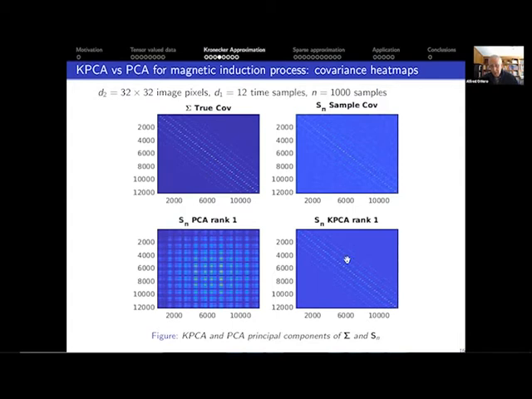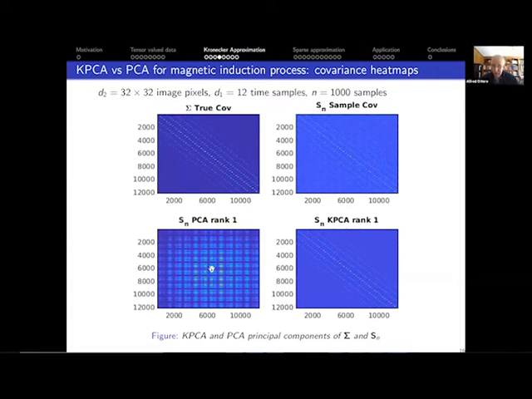So Kronecker PCA, here's the true covariance for this MIE equation, 32 by 32 pixels, 12 samples over time, 1,000 statistical samples. The sample covariance is a bit noisy, and as we know in PCA, if you use a right-sized subspace, you can reject the noise.